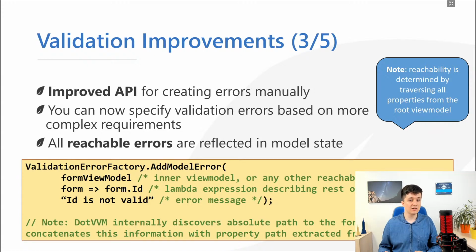If it's not reachable, we will determine that, okay, there is an error, but the error is not referenced from the view model, so we are not showing it to user because it's just not there. So even if you make a mistake by referencing something that is not reachable, it won't be a trouble. We just wouldn't find the path and would discard the error. So validation improvements when it comes to the new API and reachability analysis.